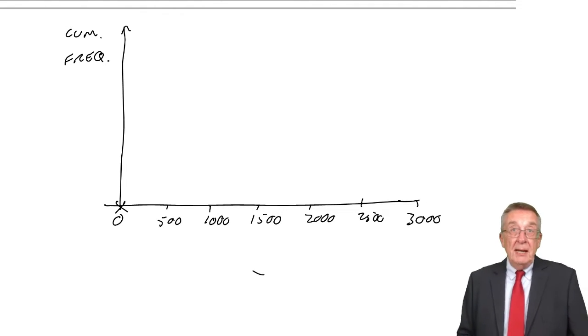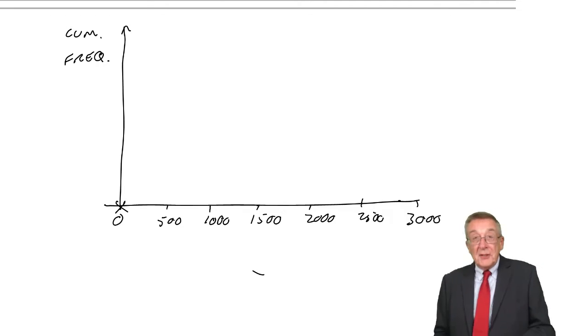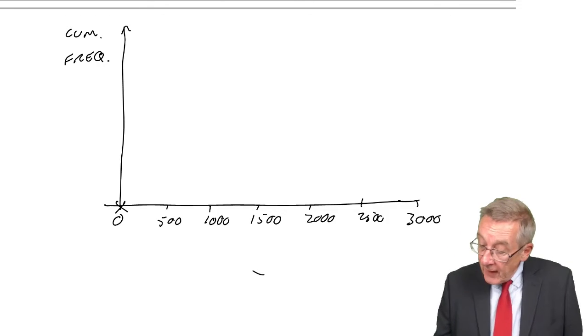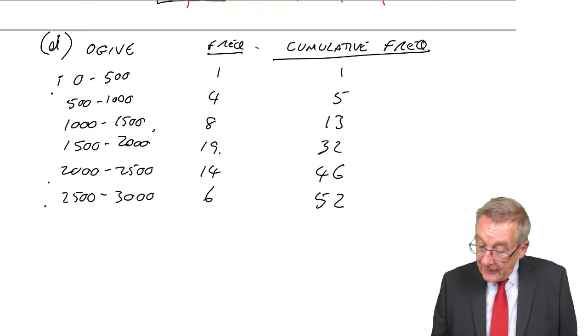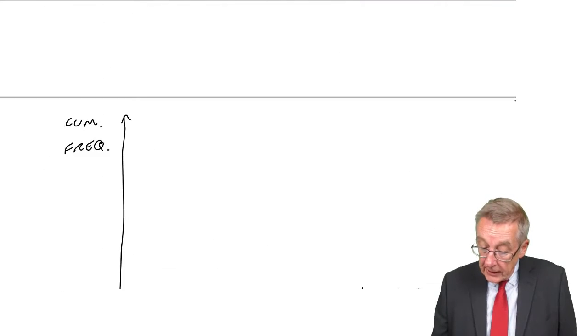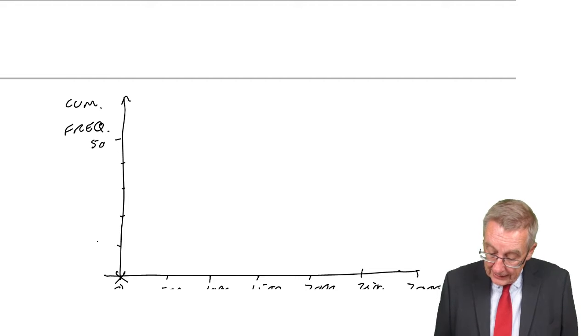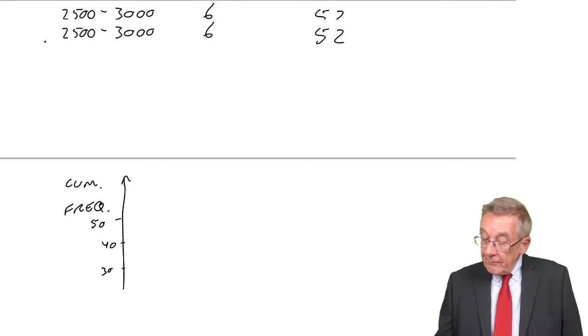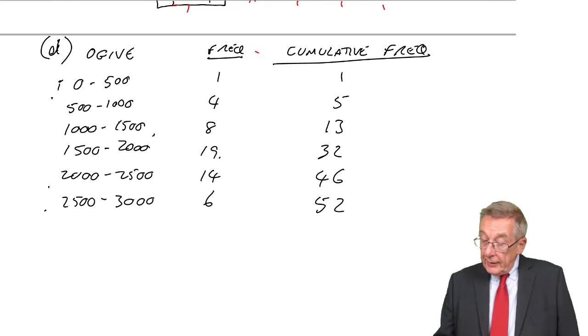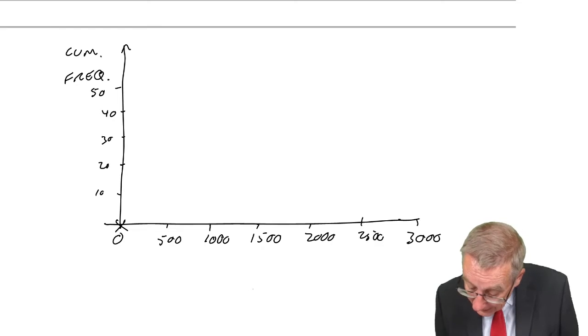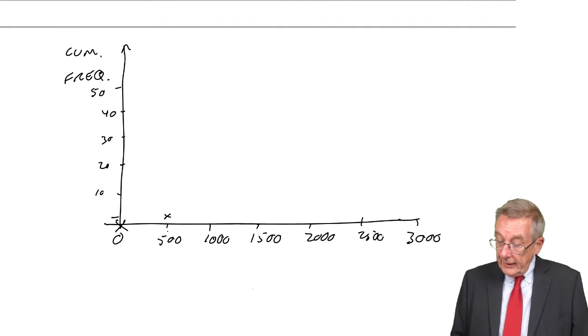Well, of course, there was no frequency of 0, but 1, 500. I'll do a scale. We need to go up to 52. So say 50, 10, 20, 30, 40. All right, up to 500 was 1. That's what's there. 1, 500.